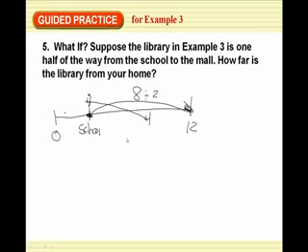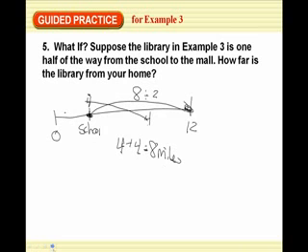So 4 plus 4, and since it's a story problem, we would put 8 miles. So there's number 5.